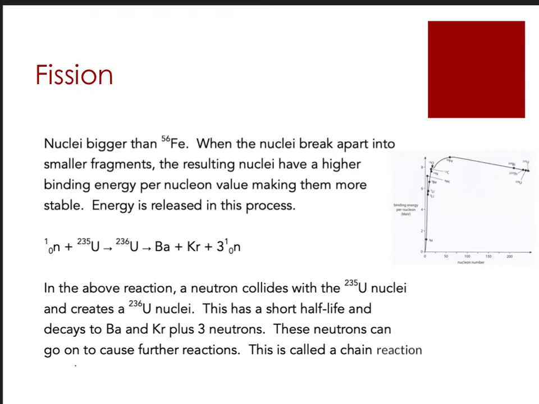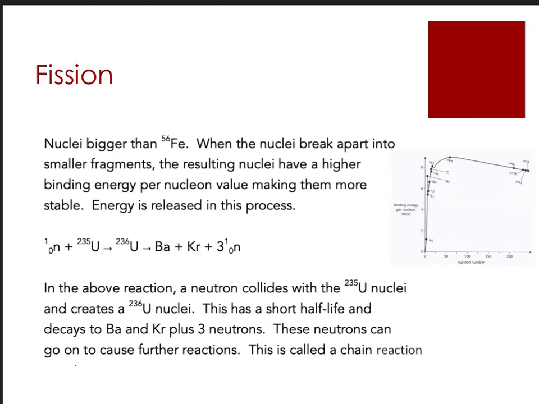I have here a reaction, one that you're going to see in topic 8 later on when you talk about nuclear reactors. I have a neutron combining with a nucleus of uranium-235, and together they're going to make uranium-236. Now this nucleus happens to be unstable and it can break down via fission.